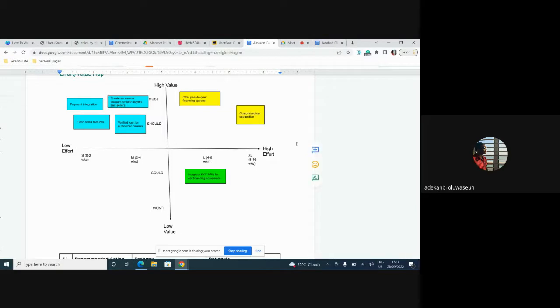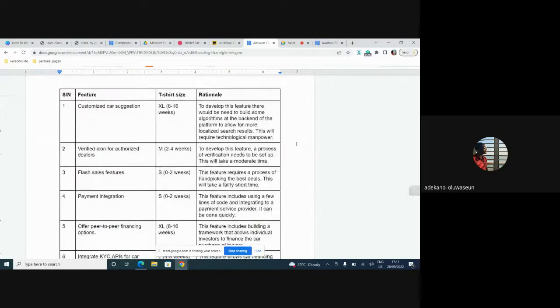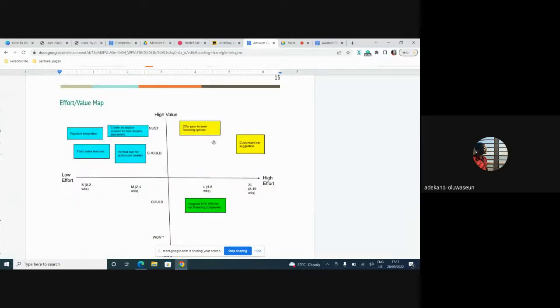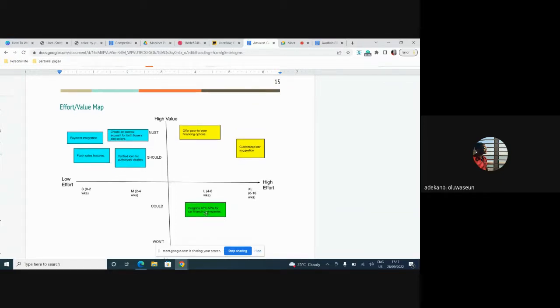So you plot each of these things one by one and place them on the chart. If any item falls under must and also falls under M, you put the box here. If it's a could and it falls under L, you put that here. That's how this graph was drawn.